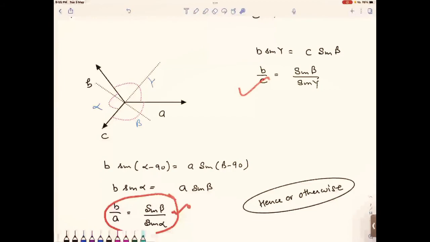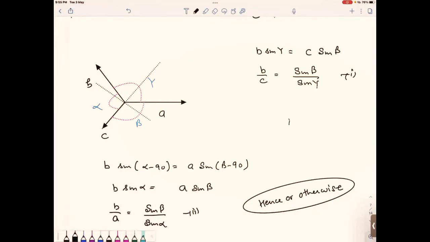You can make the third triangle and find the third ratio, or you can just divide these two equations and finally find the third ratio. Dividing these two equations, this is the first equation and this is the second equation.